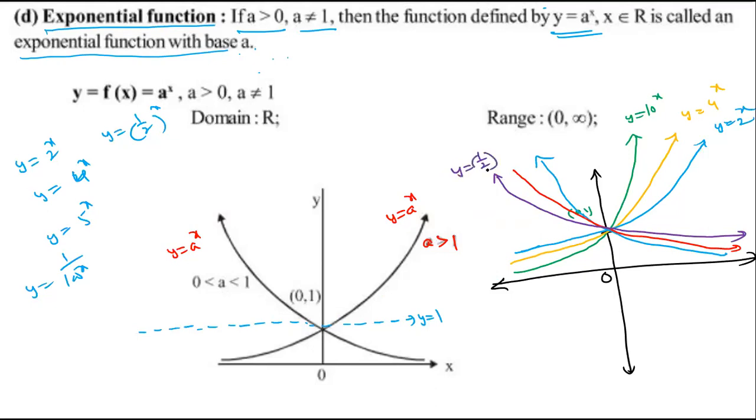The base, the number, should be less than 1. Clear? What about this case: some 1 by 10 power x, like that. You can draw pictures. Y is equal to 1 by 4 power x is coming. All pass through 0, 1, that is the meaning. So this is the x, this is the y.